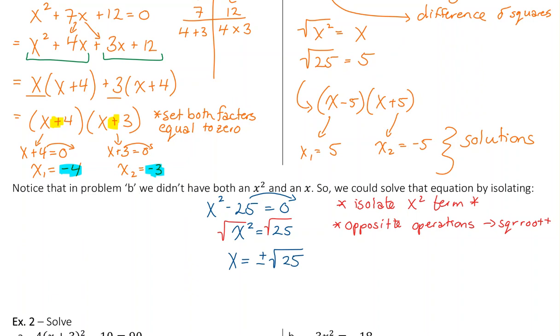Now you notice I put this symbol here of plus minus. Every time you take the square root across an equal sign, you have to take the positive and negative answer.